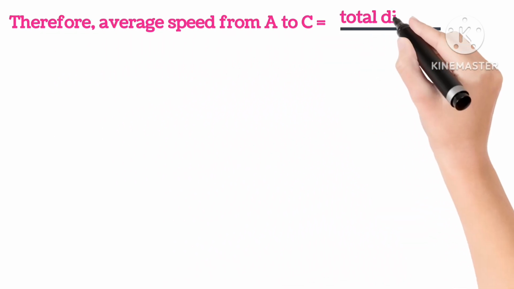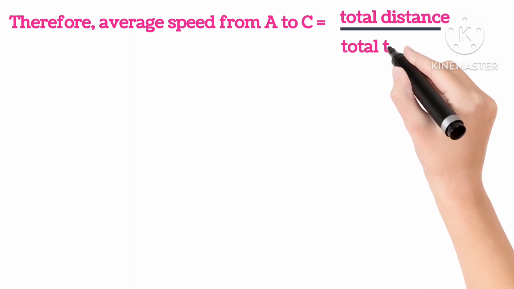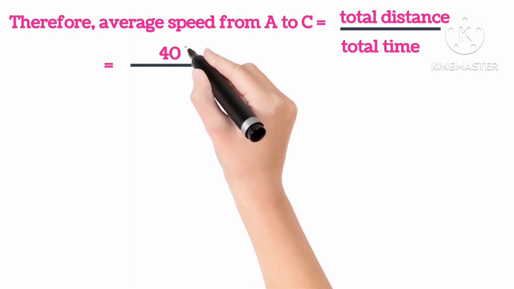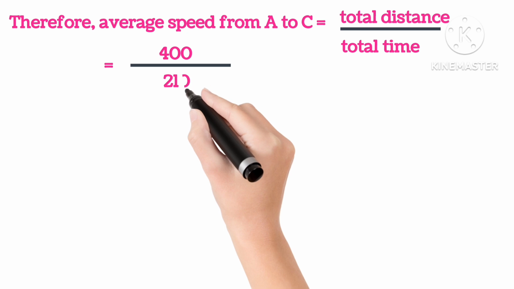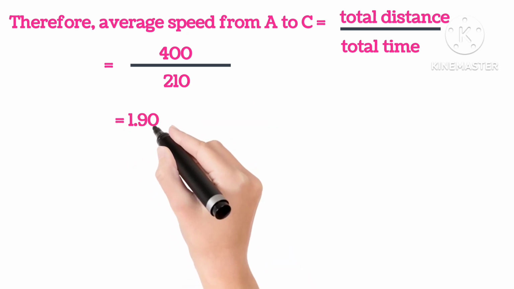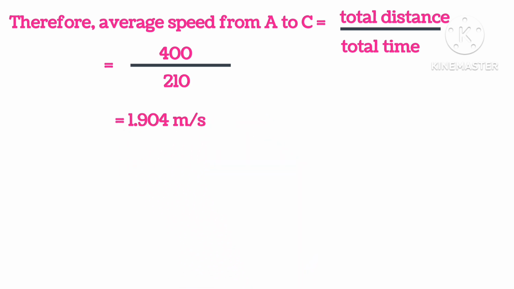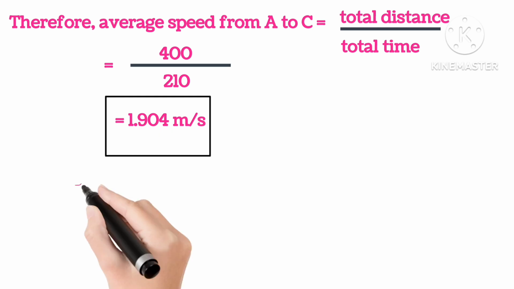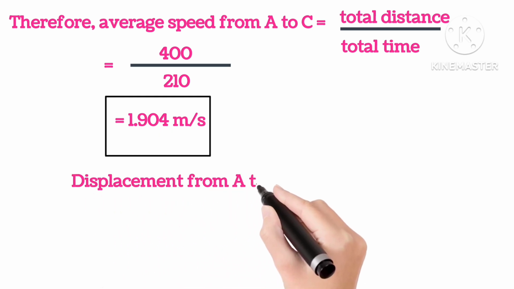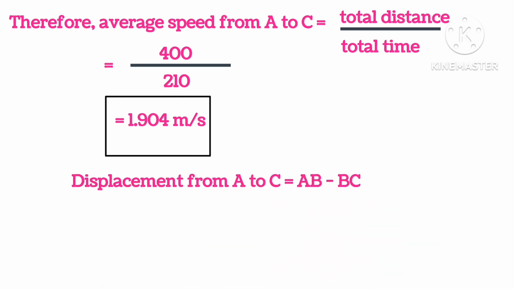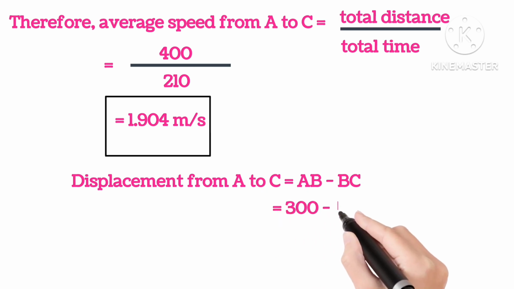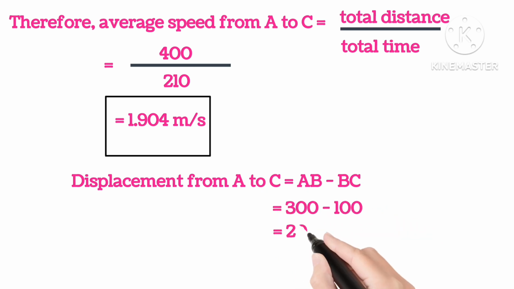That will be 210 seconds. So the average speed from A to C will be total distance upon total time. Total distance is 400, total time is 210. So the average speed will be 1.904 meter per second. So the displacement from A to C is AB minus BC, which is 200 meters.